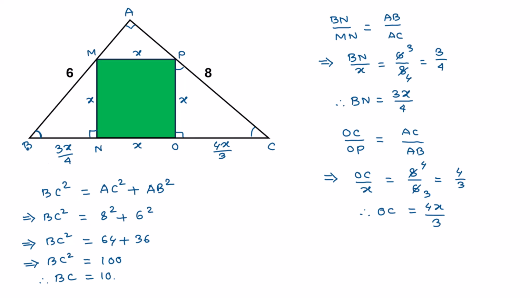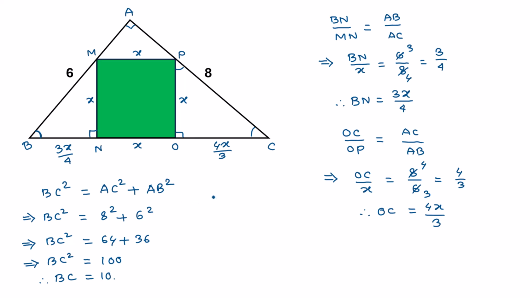So the length of BC is equal to 10 unit, and BC is equal to BN plus NO plus OC. We have BN is equal to 3x over 4, NO is x, and OC is 4x over 3, and the sum of these lengths is the same as 10.